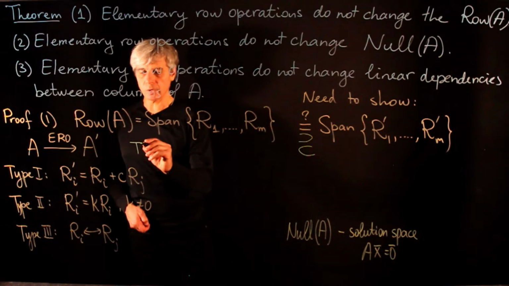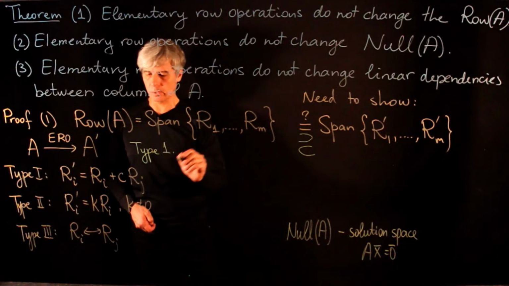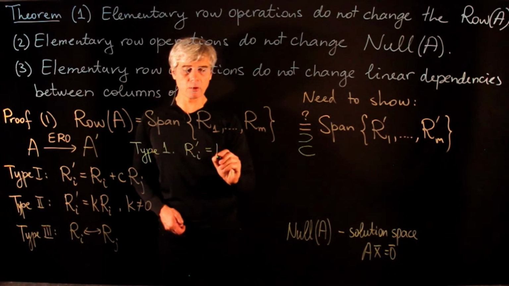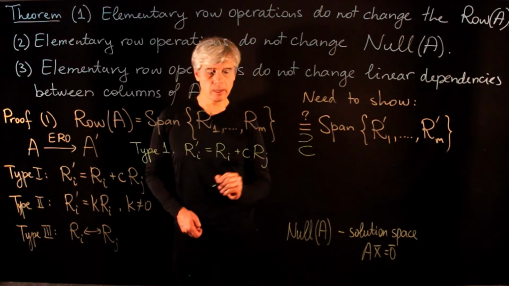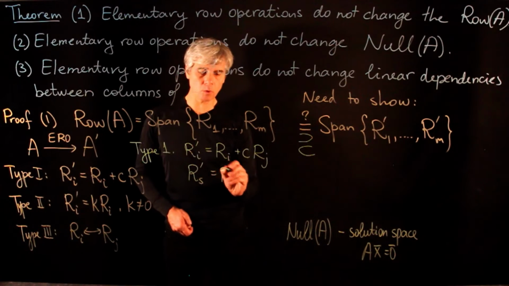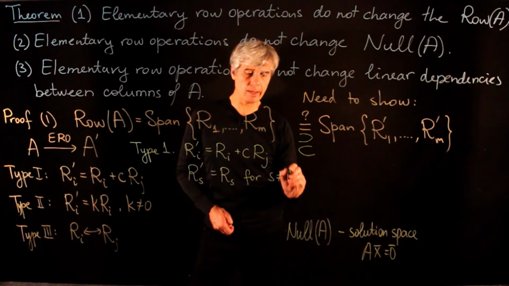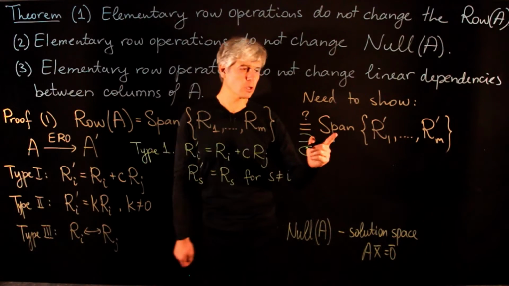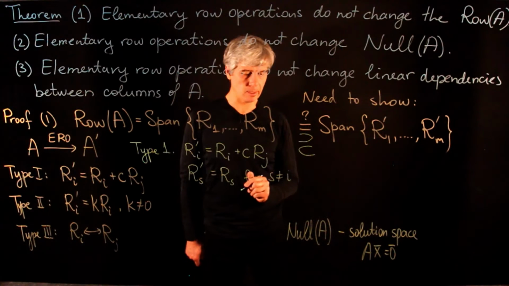Now let's begin with type 1 elementary row operation. So this means that row I prime is row I plus a constant times row j, and row S prime is equal to row S for S different from I. We need to show that this span is a subset of this span.